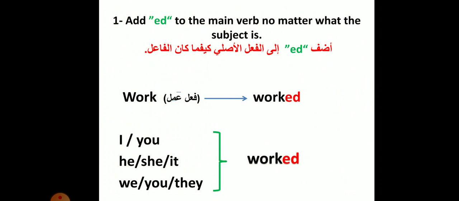For example, verb to work becomes worked in the simple past. No matter what the subject is means it could be I, you, he, she, it, we, you, or they. We keep worked for all of them.